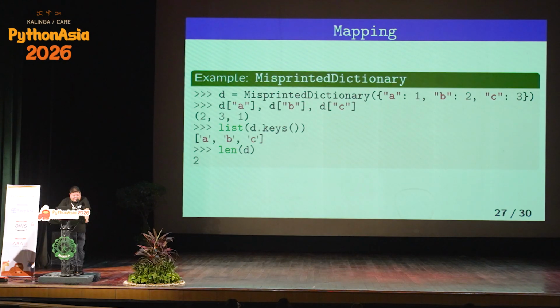But the keys return a, b, c. The keys look perfectly normal, and len(d) returns 2. This class inherits from Fibonacci sizes. So the keys are correct, but the values and the lengths are both wrong.